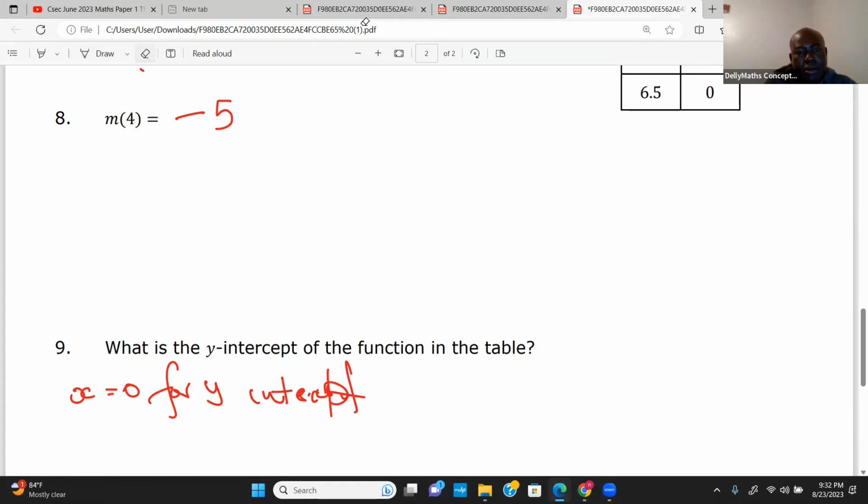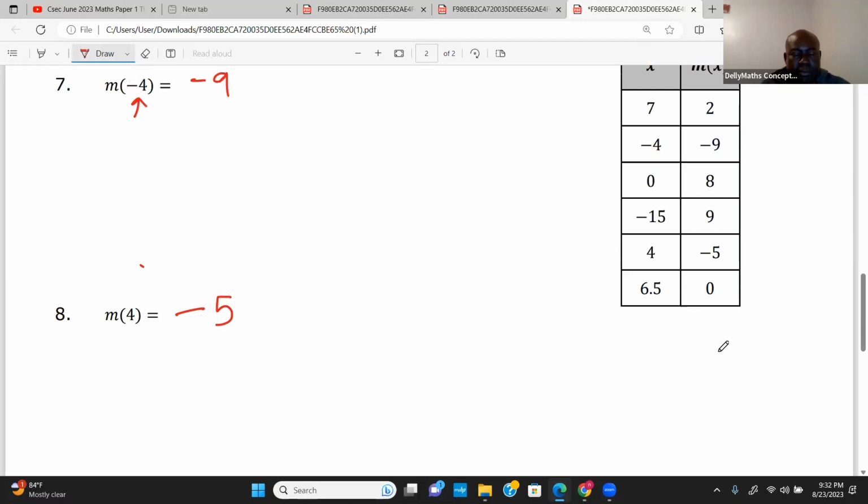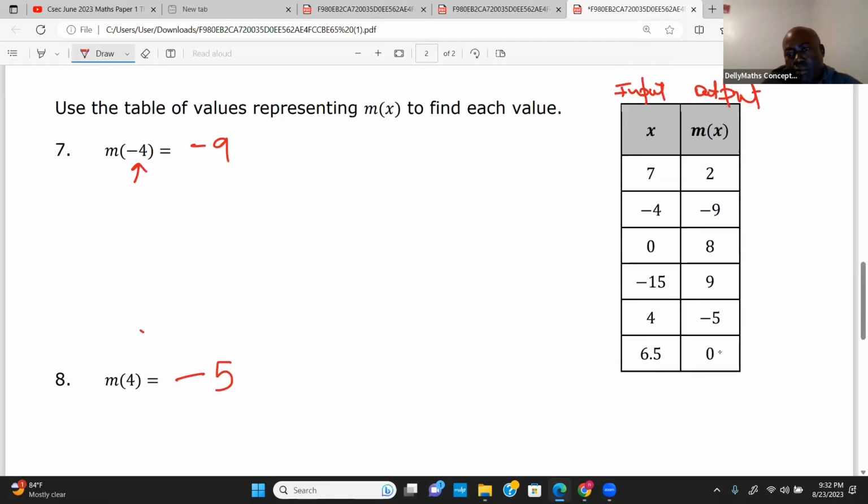So x is 0 whenever we're dealing with the y-intercept. In this context, I'm going to look for an input value for x. The input value for x as 0 would have produced 8. So in this case, our y-intercept would have been at the coordinate 0, 8.